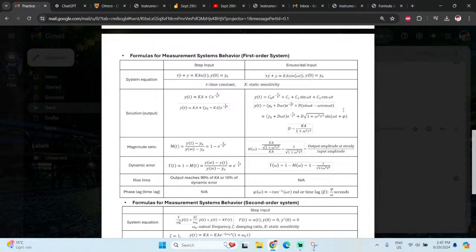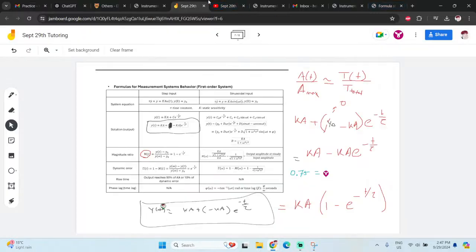So the magnitude ratio actually gives you a much closer value in terms of the time. So here, m(t), when it says 75% rise time or 90% rise time, you can put m(t) as around, let's say, 75. That should be close to 1 minus e to the power t over tau.